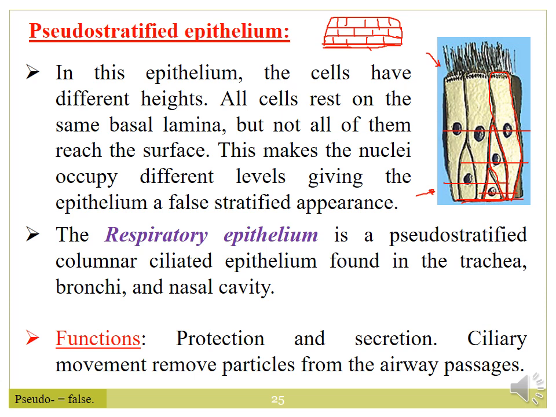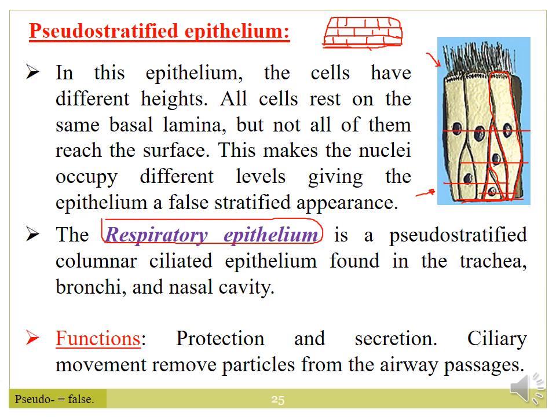So it is simple epithelium but has a stratified appearance under the microscope. This is why it is called pseudo-stratified epithelium. There are many areas in the body with pseudo-stratified epithelium. One of them is the respiratory epithelium.